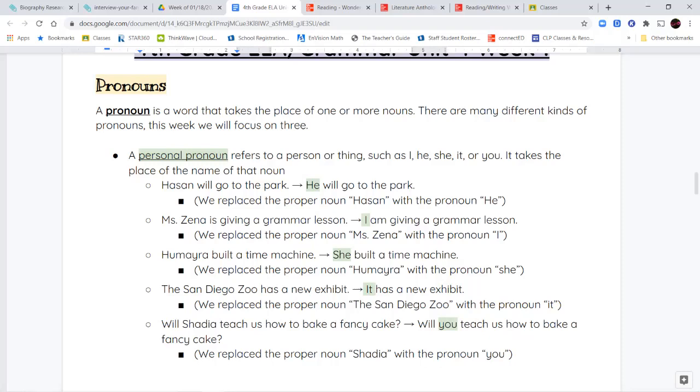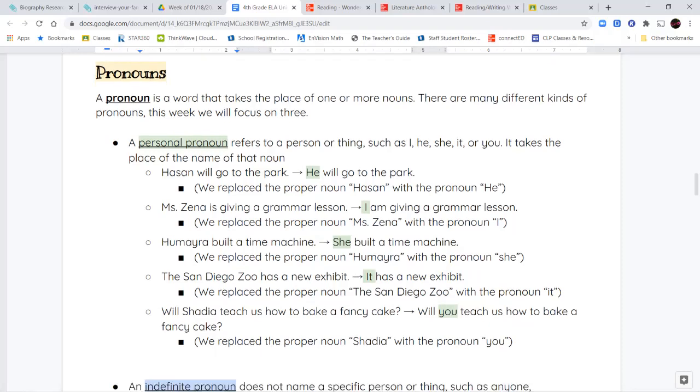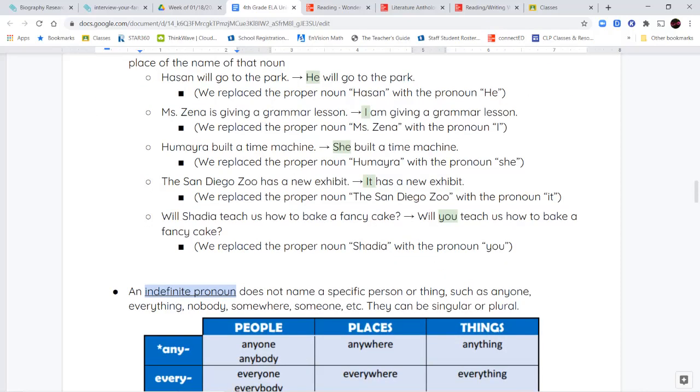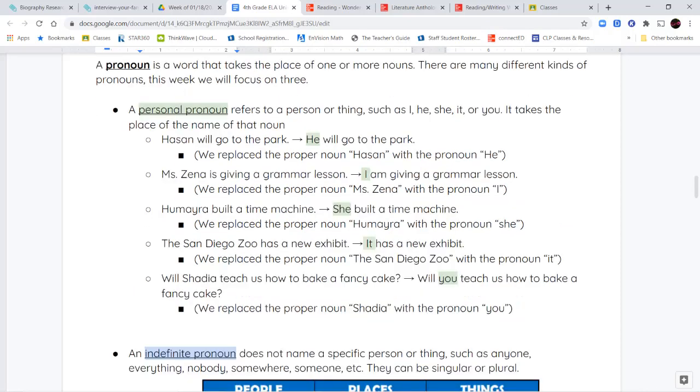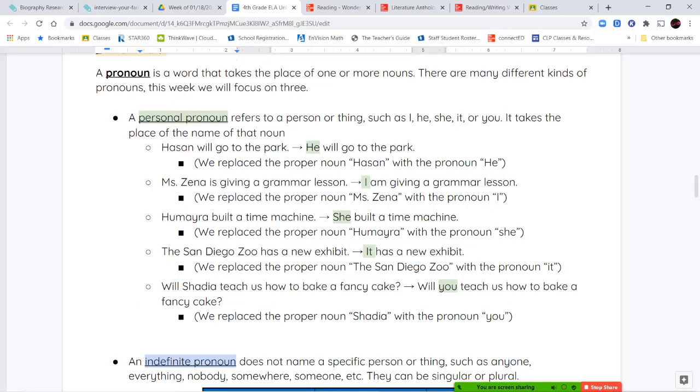I'm replacing the proper noun, the San Diego Zoo, with the pronoun it. I can also say, will Shadia teach us how to bake a fancy cake? If I'm talking to Shadia, I can replace her name with the pronoun you. Will you teach us how to bake a fancy cake? So I replace that proper noun with a pronoun. Those are personal pronouns: I, he, she, it, or you.